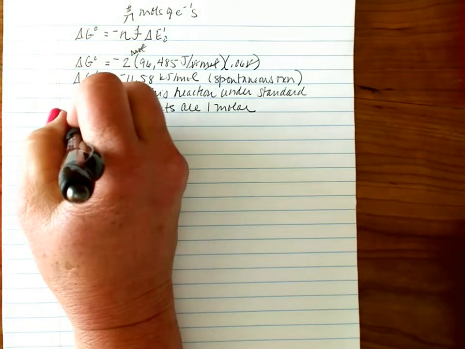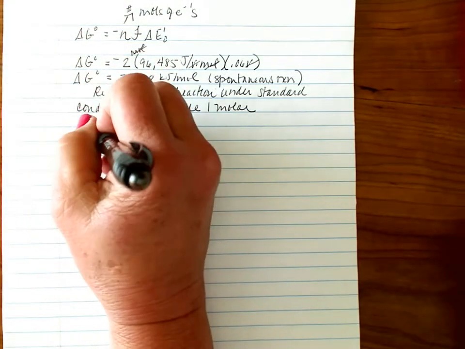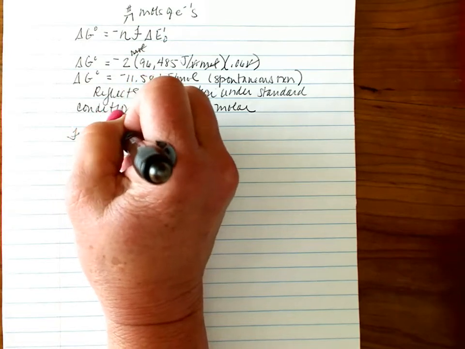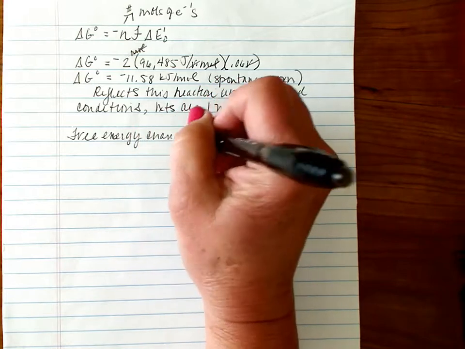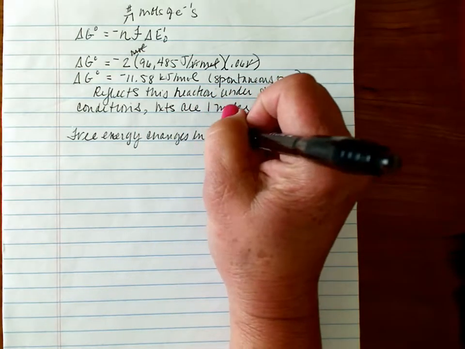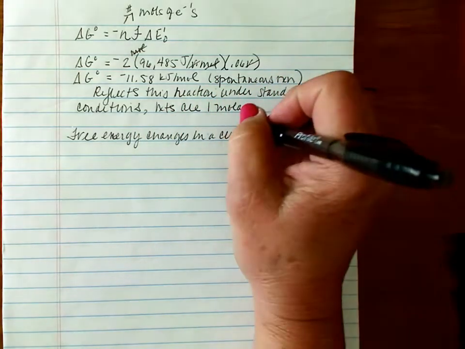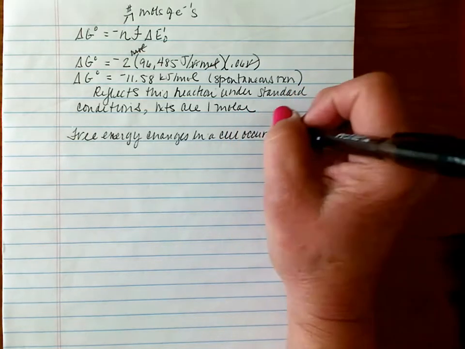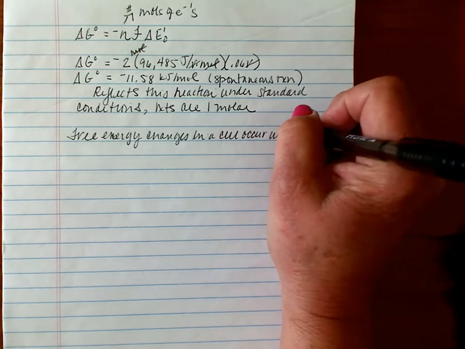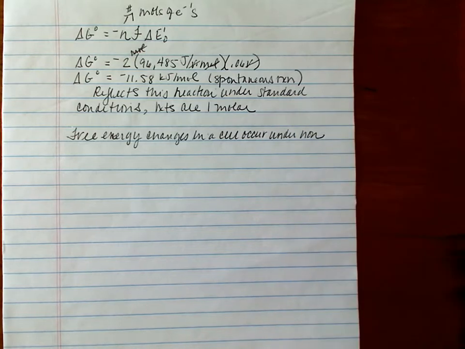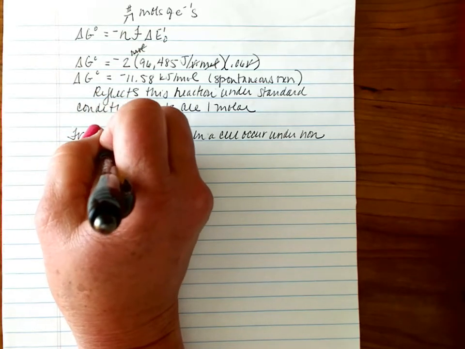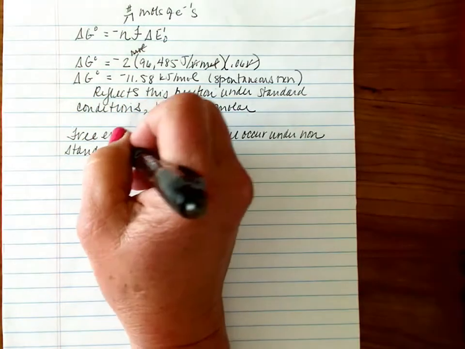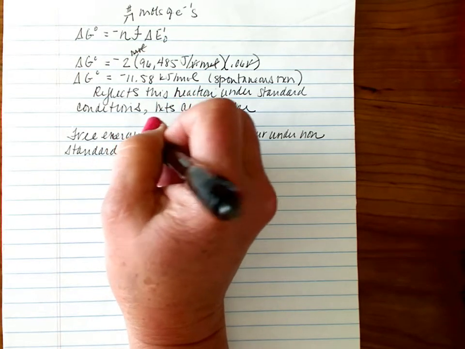However, the free energy changes in a cell occur under non-standard conditions. The solutions in our bodies and cells are not 1 molar. So we have to modify this equation to account for that.